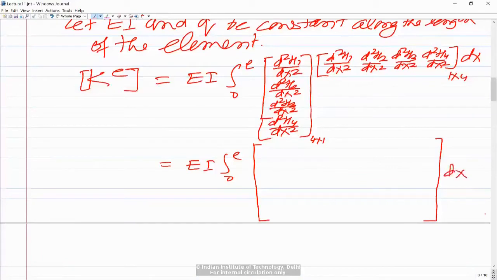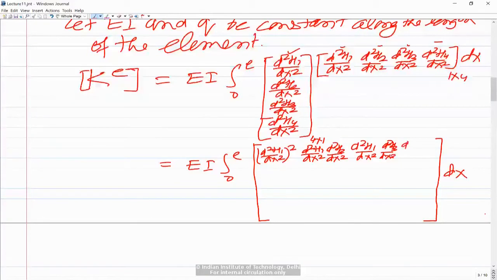So if you multiply this row with this column, this column, this column, this column, what you will get is d2h1 by dx square whole square, and then d2h1 by dx square into d2h2 by dx square, and d2h1 by dx square into d2h3 by dx square, and d2h1 by dx square into d2h4 by dx square.